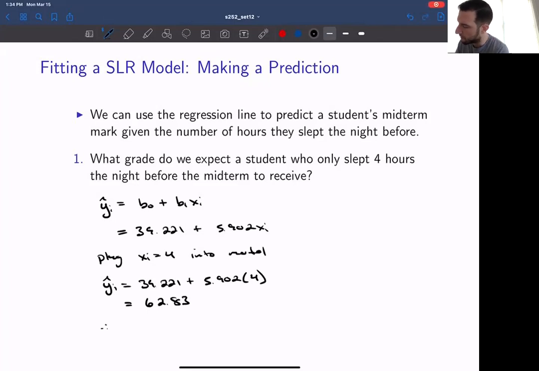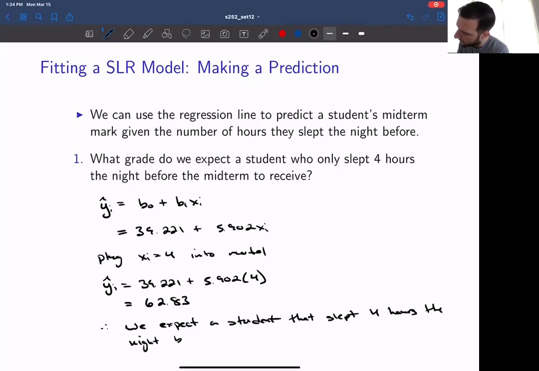Okay, so therefore, we expect a student that slept 4 hours the night before the test to receive a grade of 62.83%.